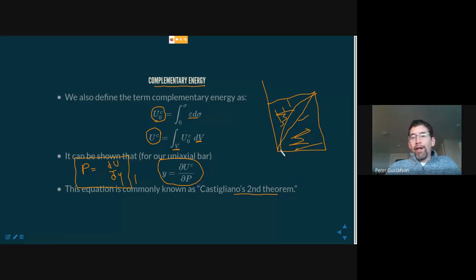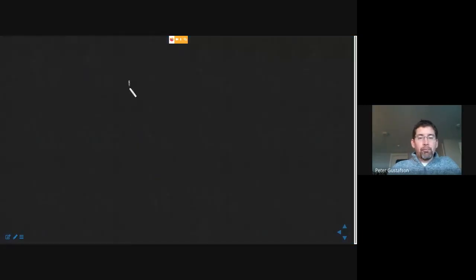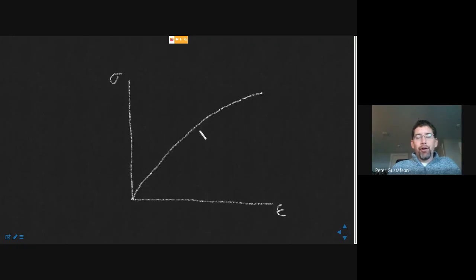So in this case, let me go ahead and get it on a chalkboard here. If I have strain and I have stress, I'm going to draw this generic nonlinear curve, and I'm going to draw the horizontal.